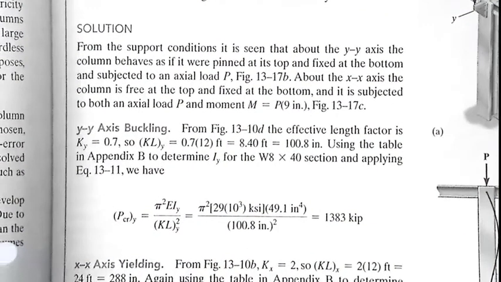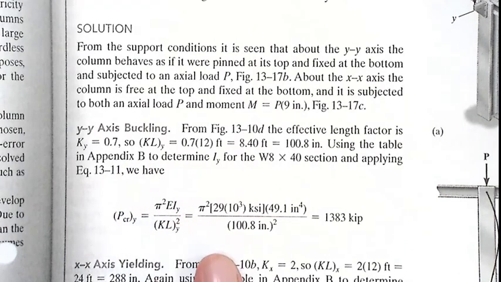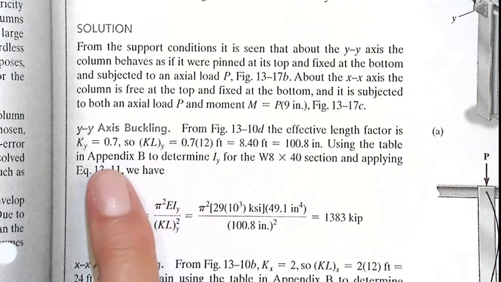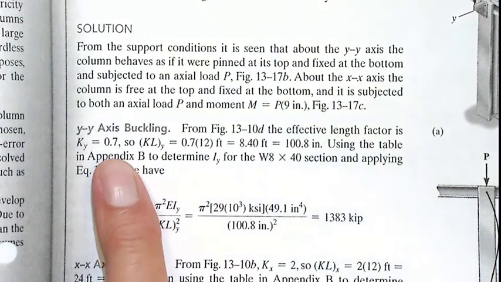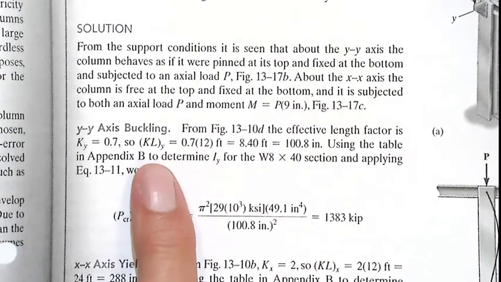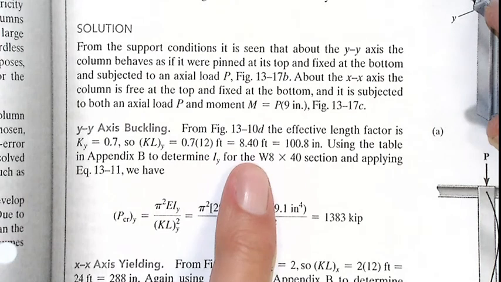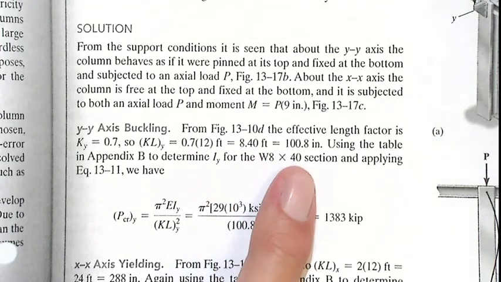Y-axis buckling, buckling with respect to the y-axis. Effective length factor K equals 0.7 because it's clamped, simply supported. So KLy equals 0.7 times 12, 8.40 feet, or 100.8 inches.